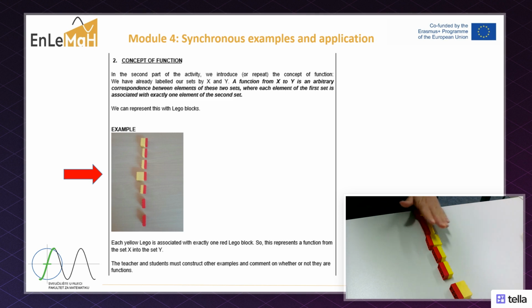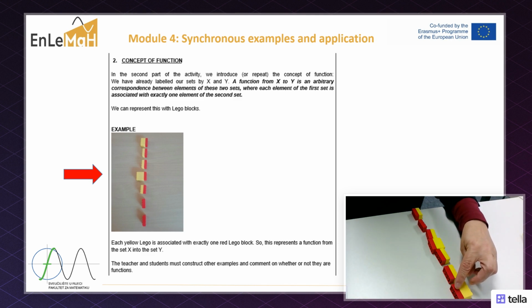So if we consider this situation, we can easily see that this is not a function. Why? Because this element is not associated to any element of another set. Also here, we have an element which is associated with two elements of another set.